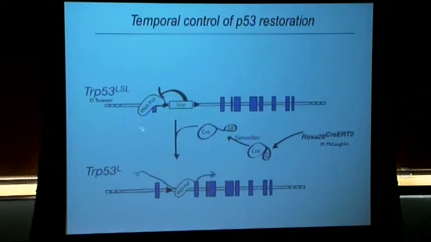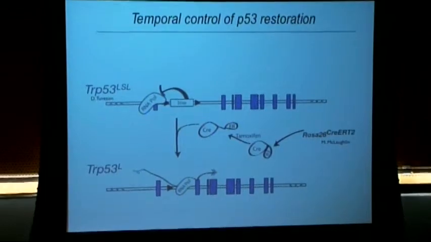So in the germline configuration, this looks just like a p53 null allele. It's non-functional. You don't make any p53 protein. Again, the stop element is surrounded by loxP sites, so that in the presence of Cre, the stop is removed, the gene turns back on, and it's just the old wild-type gene. So we can control the activity from off to on. We can flip the switch in that direction and ask what happens.